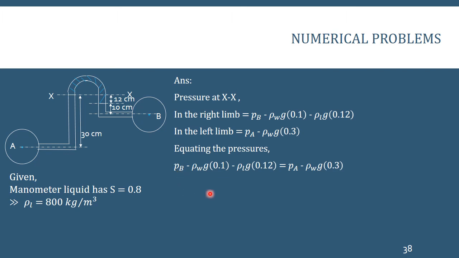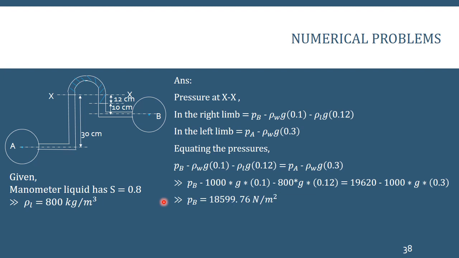Now we know the pressure at A and we are asked to find out the pressure at B. And the densities are known to us. So when you substitute, we get that pressure at B is equal to 18,599.76 Newton per meter squared. And this is the manner in which we do problems on inverted differential manometers.